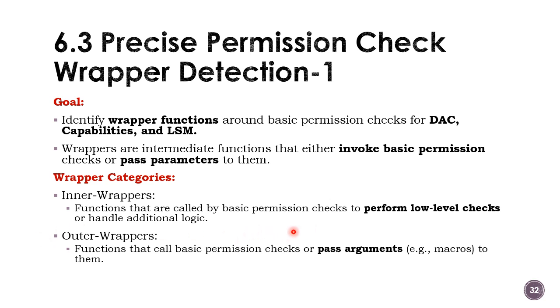And inner wrappers basically perform lower level checks, and outer wrappers basically pass the arguments such as macros of some permission checks, which means outer wrappers are usually higher level and inner wrappers are just lower level permission checks.